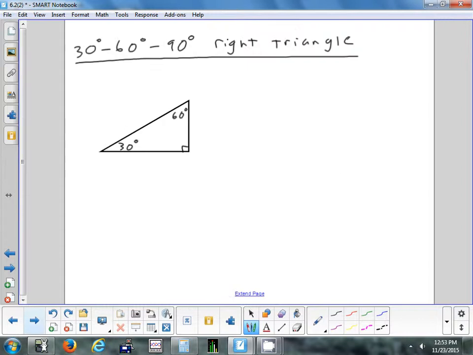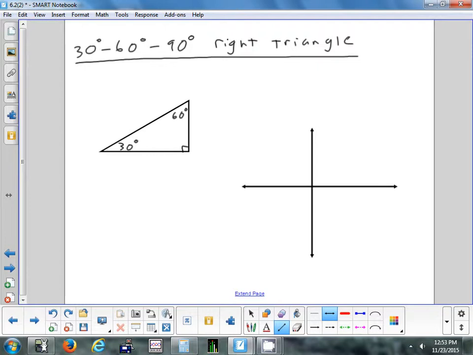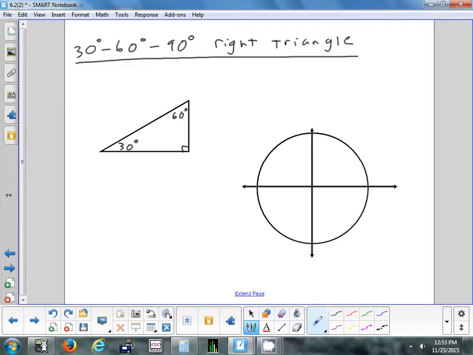Okay, let's look at the 30, 60, 90. So draw our unit circle. And this time 30 degrees, that's probably about right there. We'll make our triangle. And again, same thing I did last time, instead of working with this small version of it, I'm going to draw it bigger off to the side.